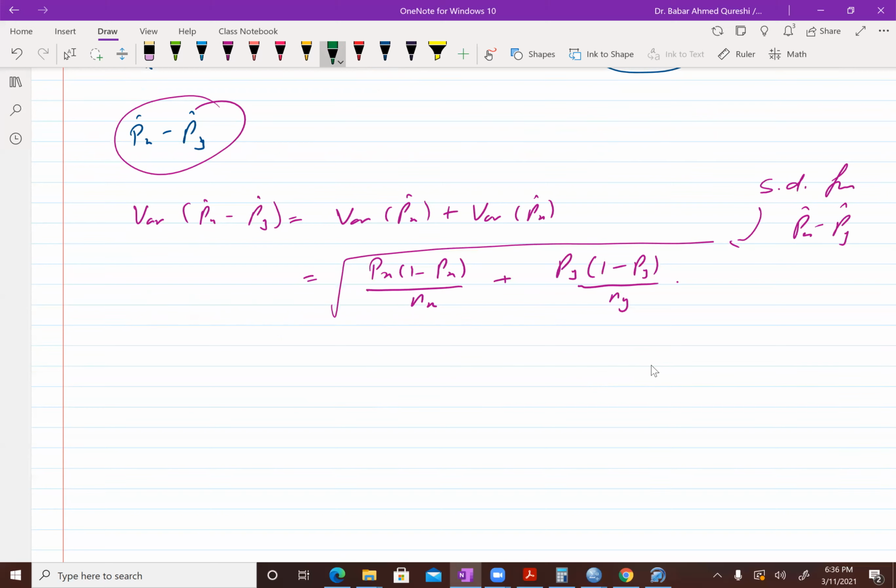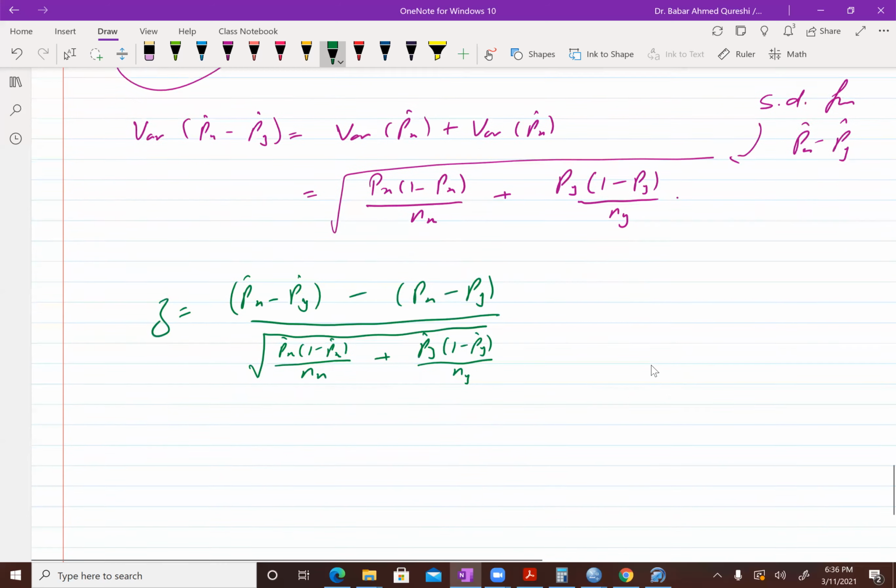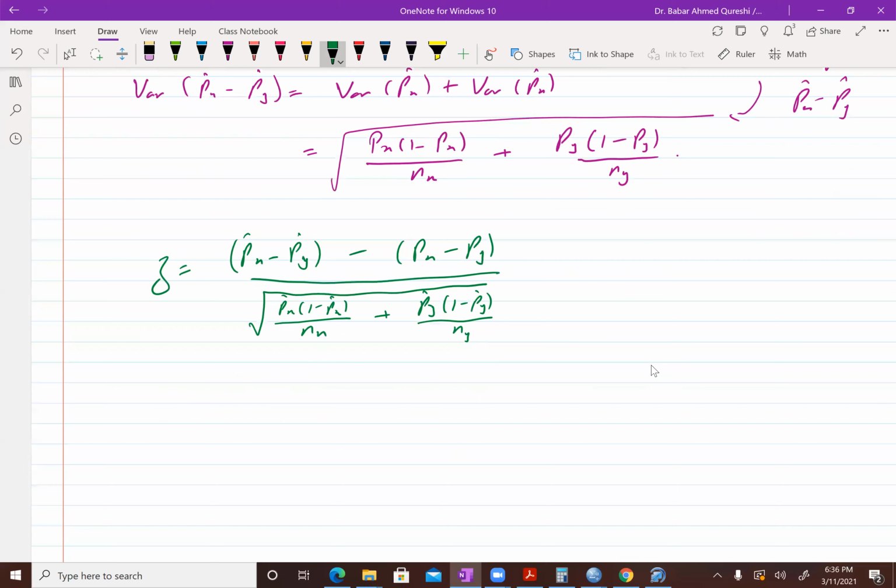So I can compute a standard normal, and if the sample size is large enough, then I can replace these px's with the sample proportions. All of this is just use of what we have already done. So again, all the conclusions apply.